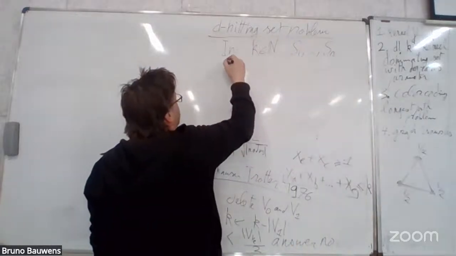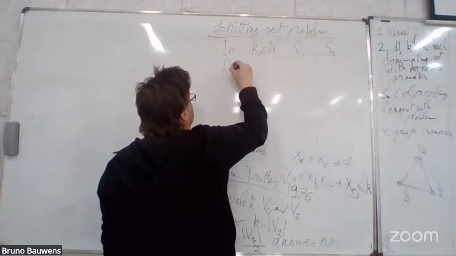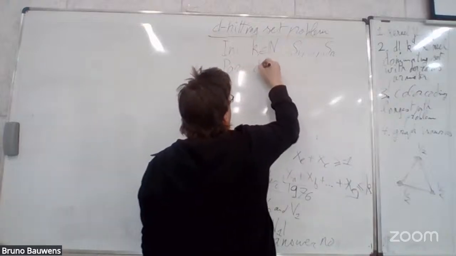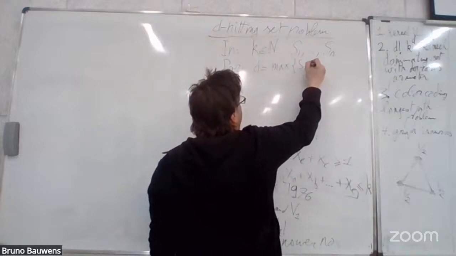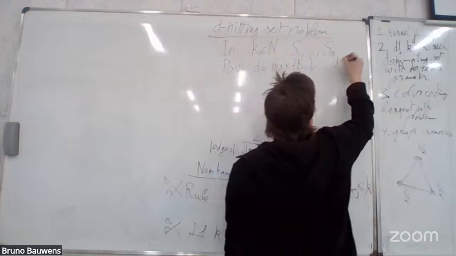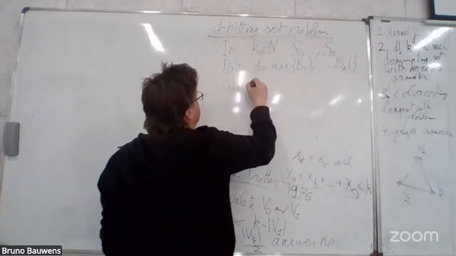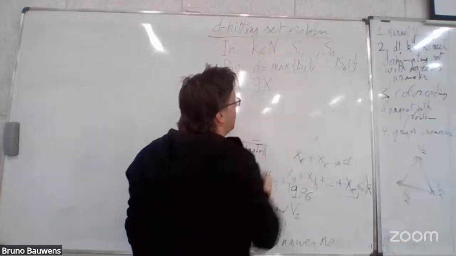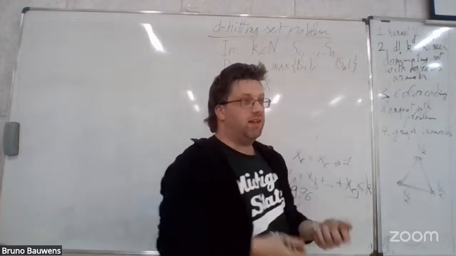And the parameter d is the maximum size of the sets, so d is equal to the maximum of size of S1, up to size of Sn. And the question is, does there exist a set X so that X intersects every set? So it's like hitting.